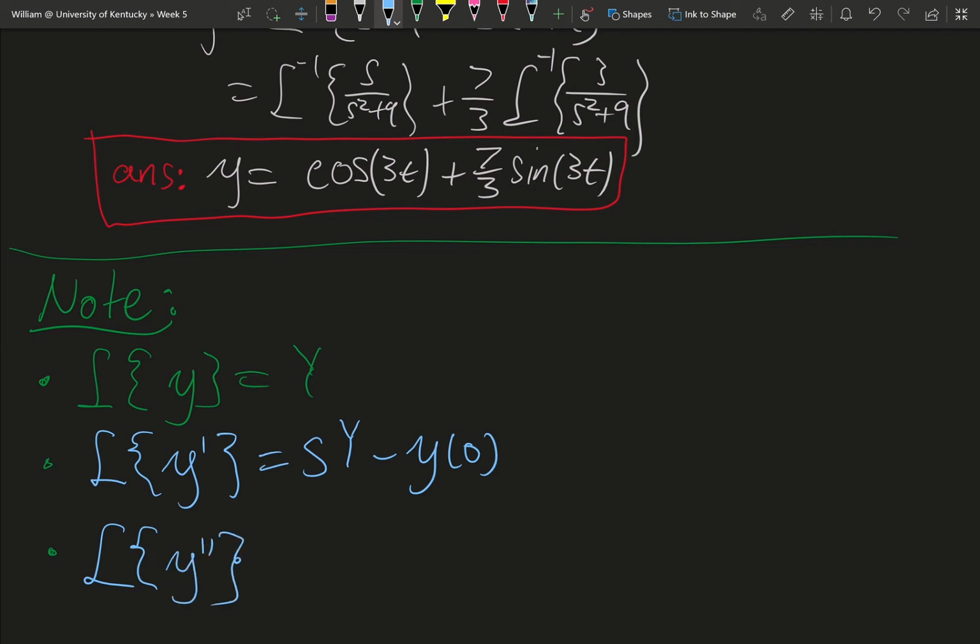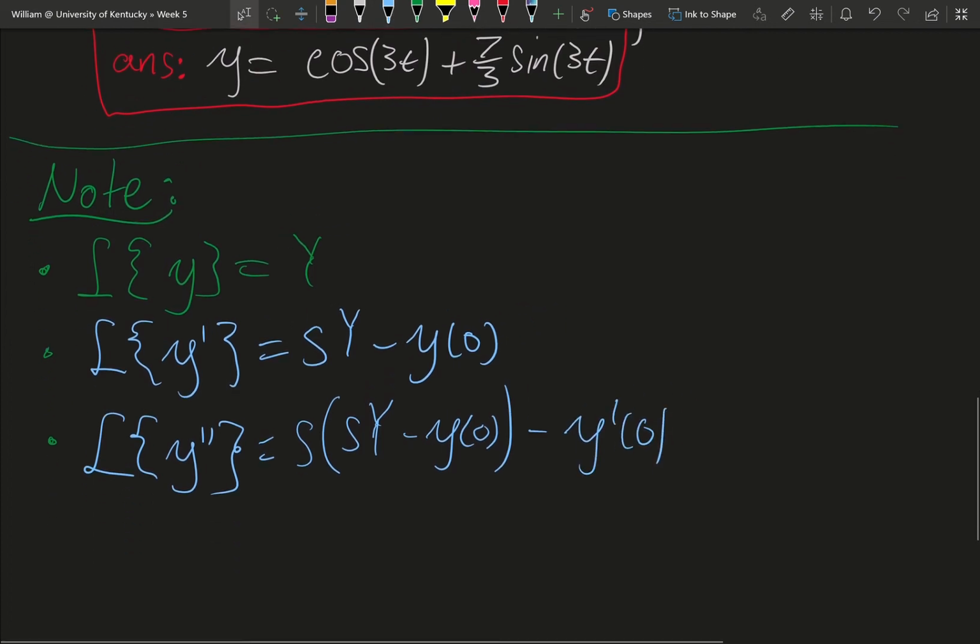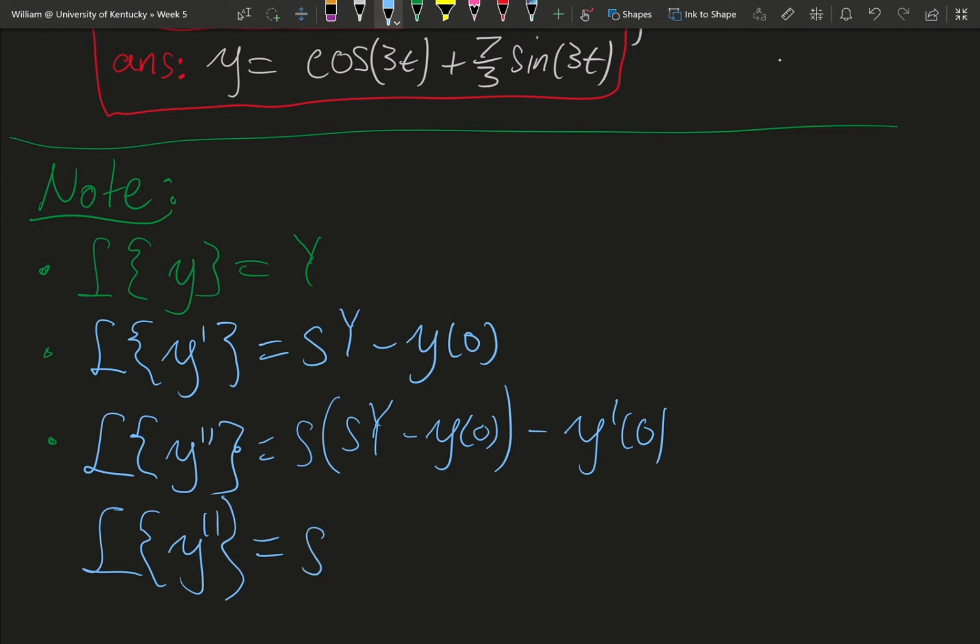The Laplace transform of y double prime is s times this minus y0 minus y prime evaluated at 0. Rewriting that with some simplification: s squared times Y minus s times y0 minus y prime of 0.